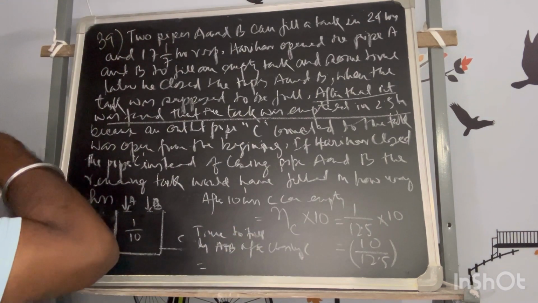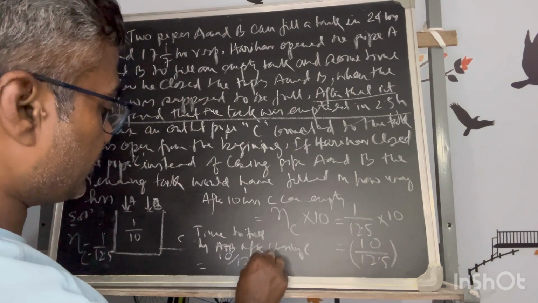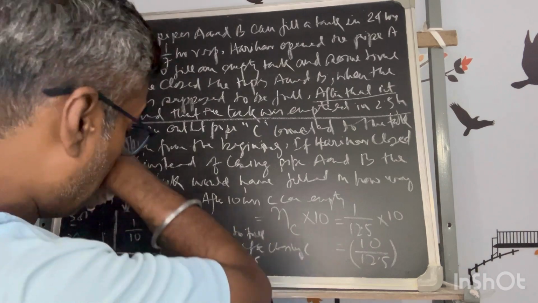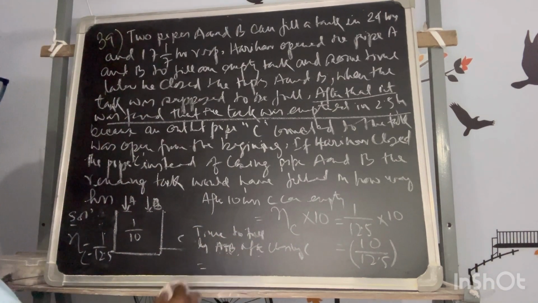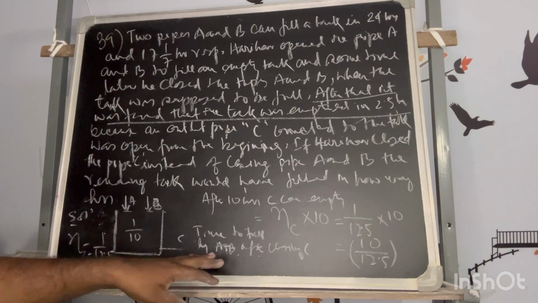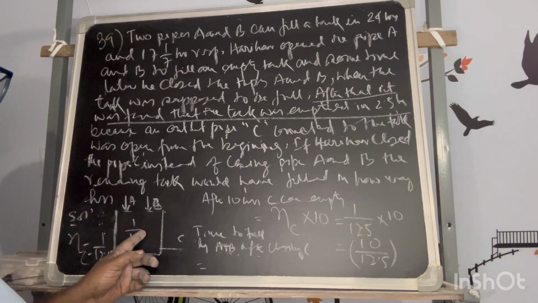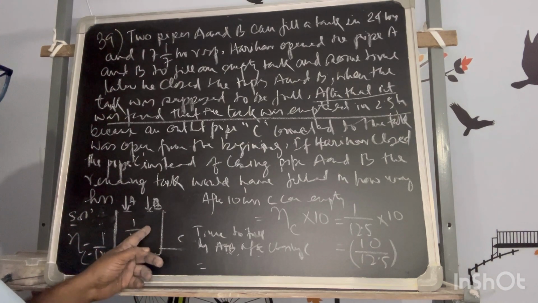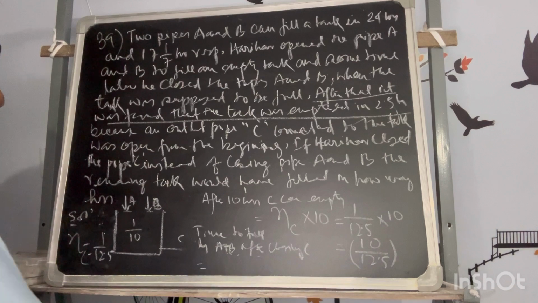So with that efficiency, this fraction has to be filled in how much time? This is the fraction remaining, and this is the efficiency of A plus B together, this is the fraction of time.